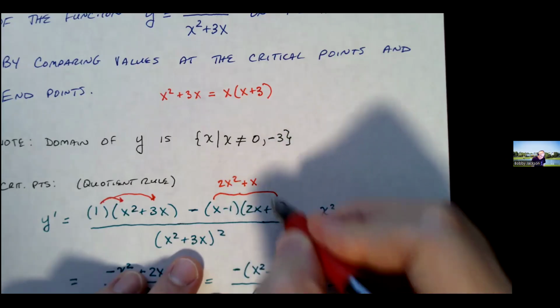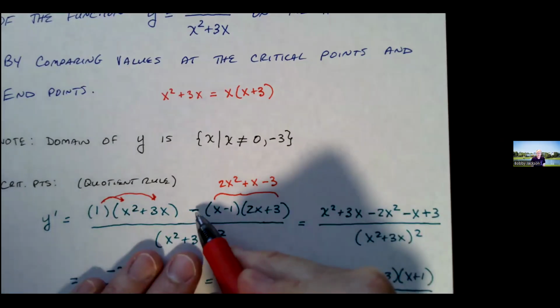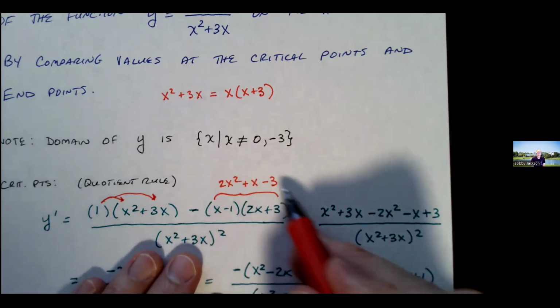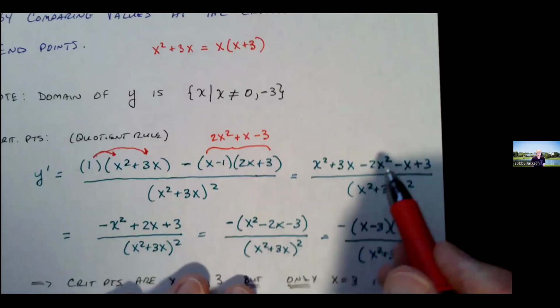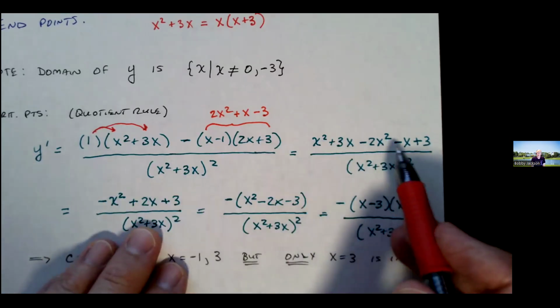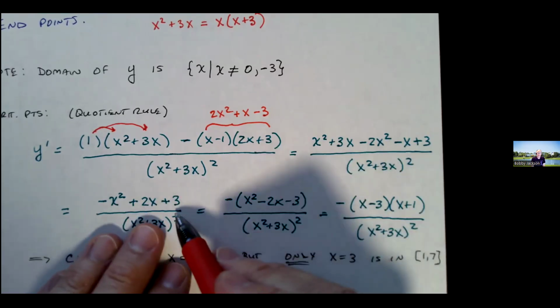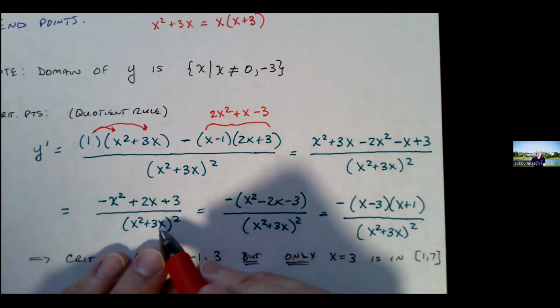And the last, -1 times 3, is -3. Now be careful because I need to distribute this negative through, so it becomes -2x squared minus x plus 3. Combining like terms, x squared minus 2x squared is -x squared. I've got 3x minus x is 2x, and then I've got my last 3. And so all this is still over x squared plus 3x, squared.